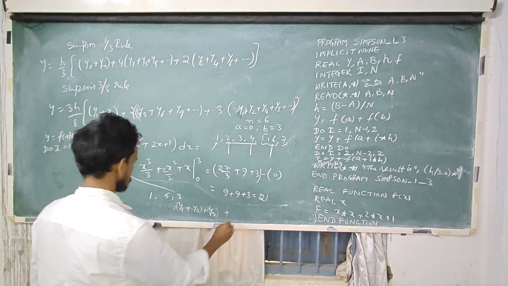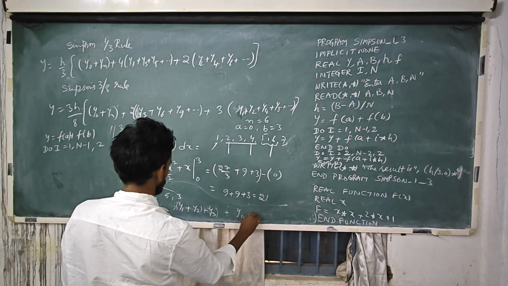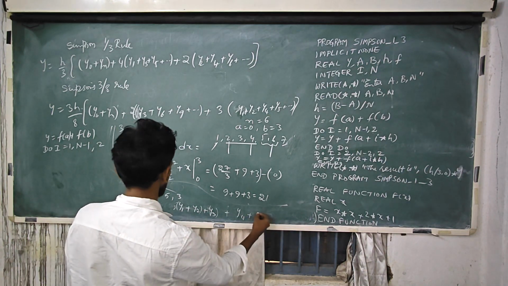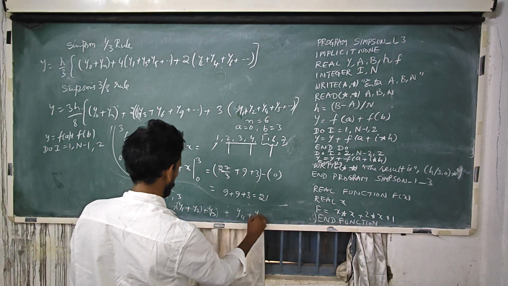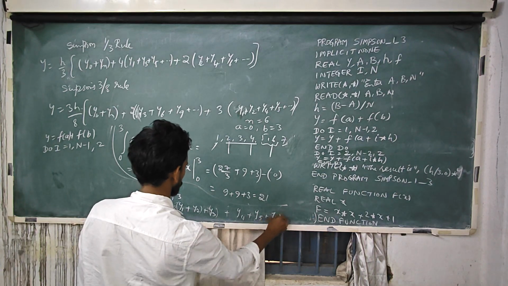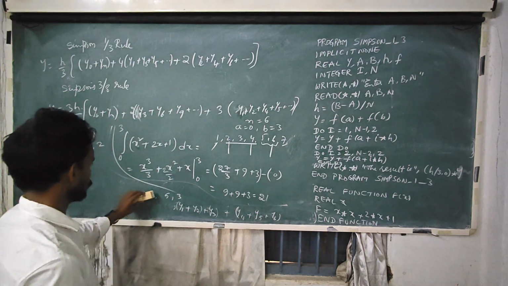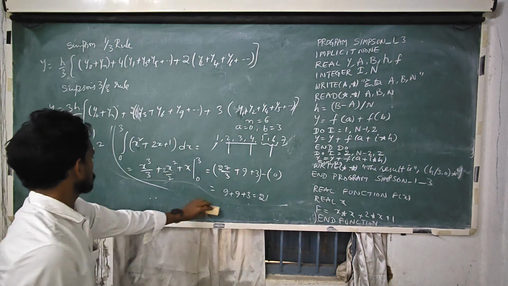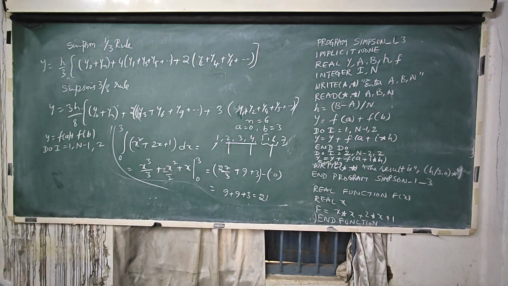Plus next series y4. Here we will get excess term. y5 and y6. So that third term should be handled separately. So up to this part this is okay.